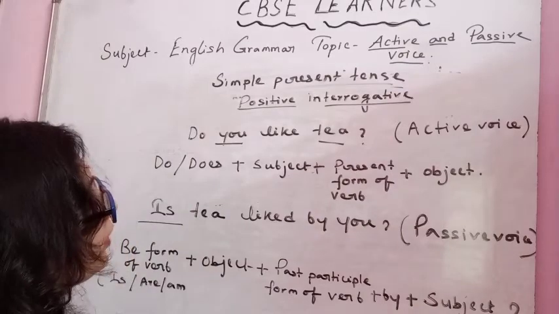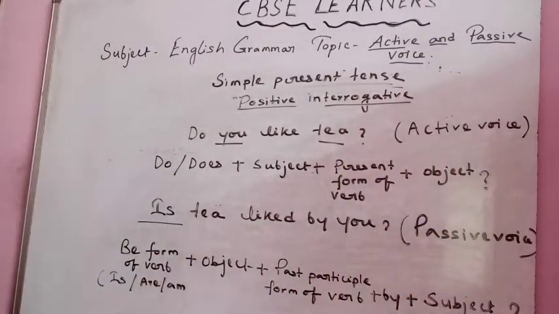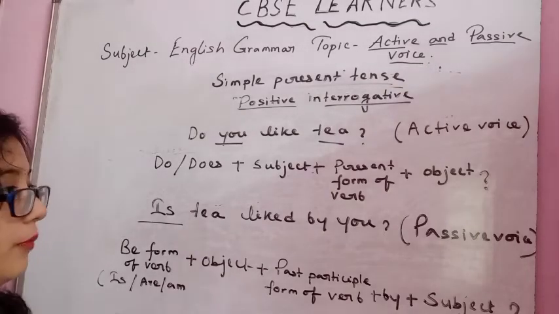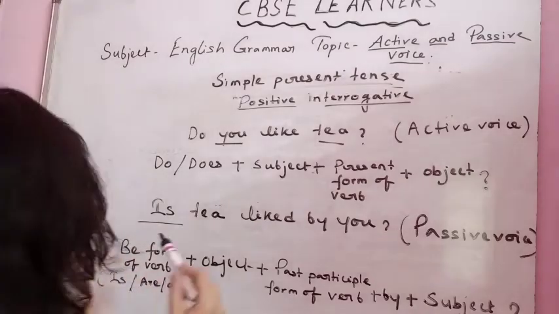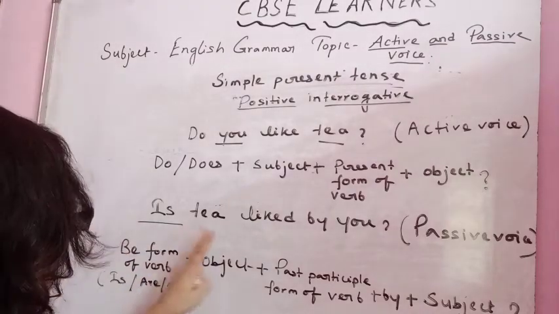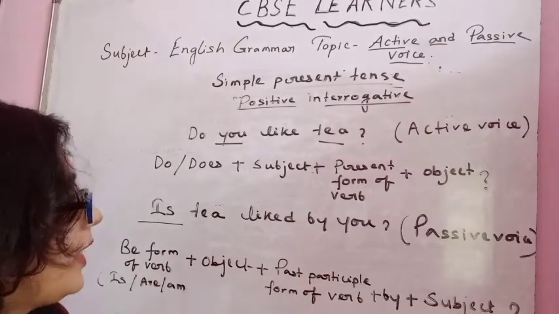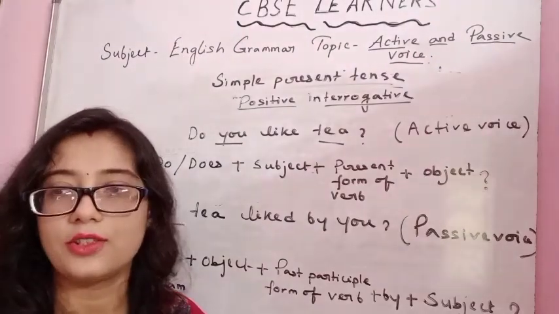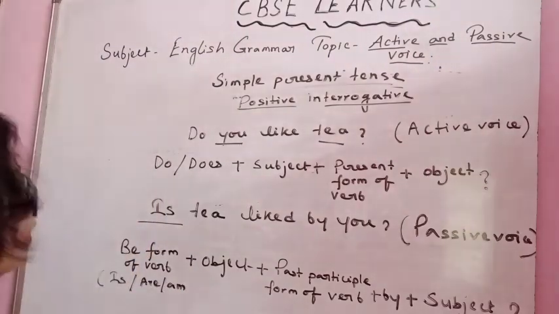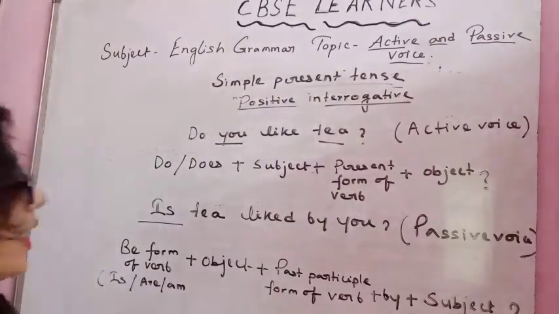Now in this one also we have to use a question tag, because in case of questions, instead of a full stop we use a question mark, isn't it? So let me first check whether this is okay. Is plus object plus past participle form of verb plus by plus subject. Okay, so I am also a human being, sometimes I also get confused, isn't it? So this is okay. This is the passive voice. This is in case of positive interrogative.